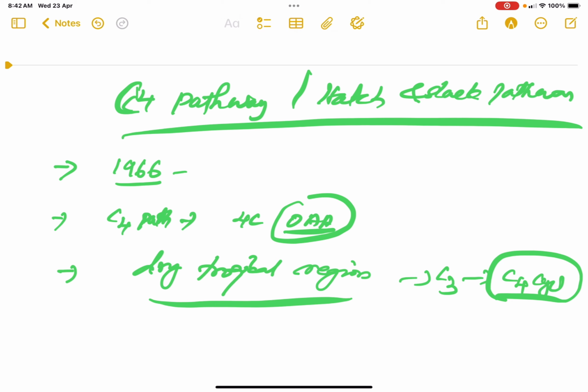Why do these plants possess the C4 cycle in addition to the C3 cycle? Because they are present in dry tropical regions. As an adaptation to overcome these difficult conditions, they possess a special type of anatomy in the leaf, known as Kranz anatomy.